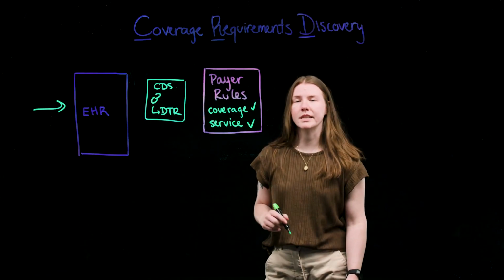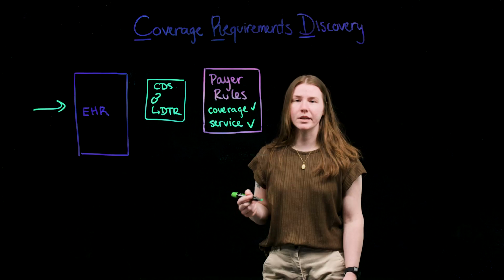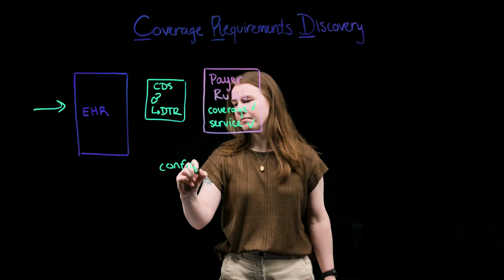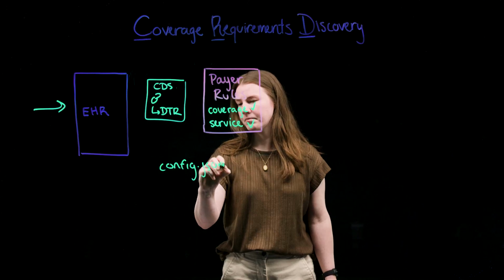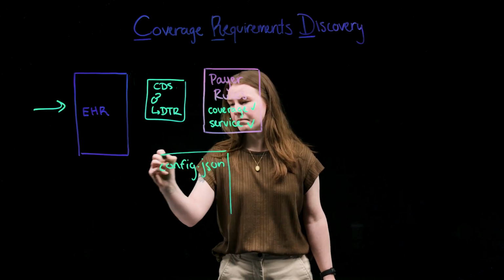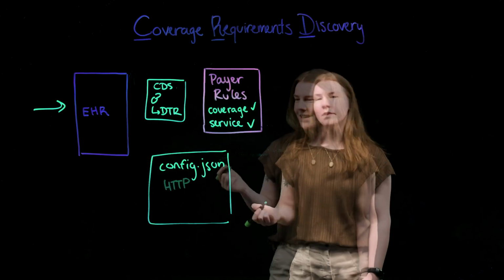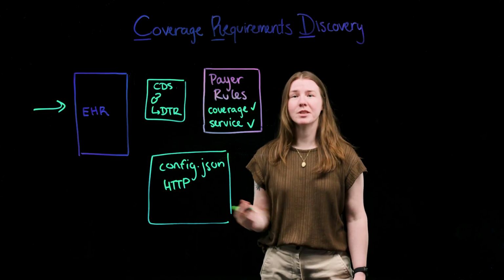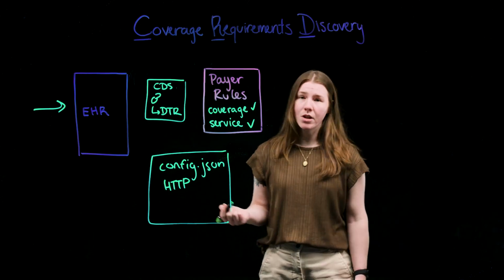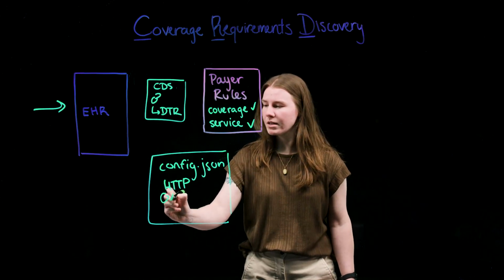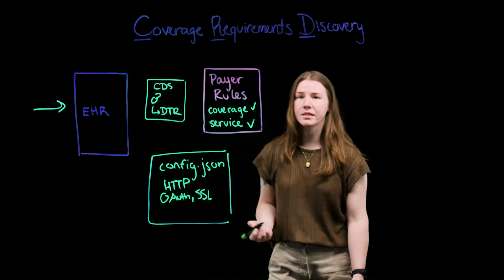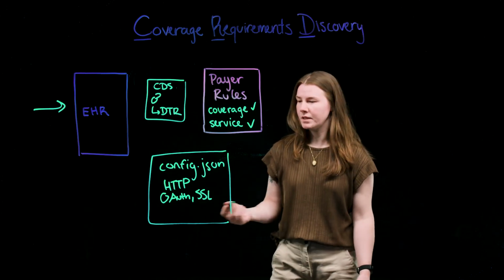When deploying CRD, there are a few things that you'll need to configure in your JSON config file. This includes HTTP services, which tell CRD how to connect with your backend payer systems. You'll also need to configure OAuth, client and server configurations, and SSL settings for secure communication.